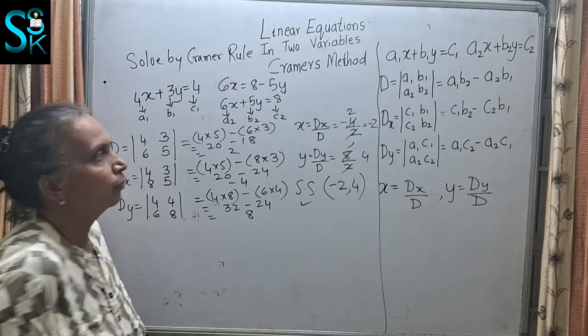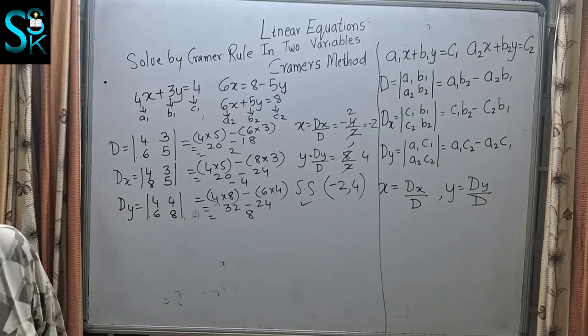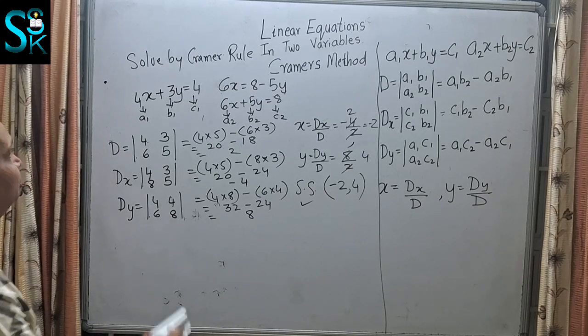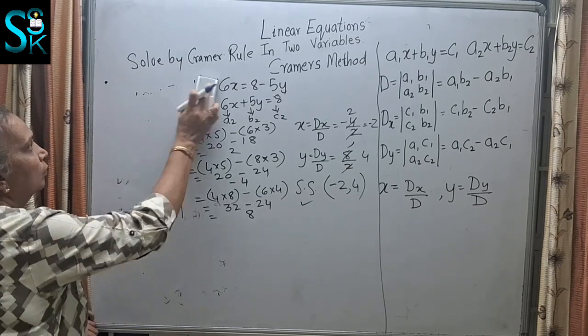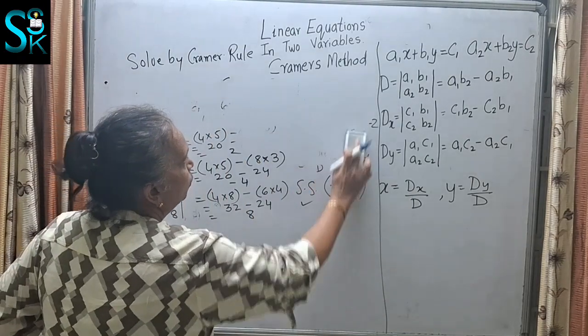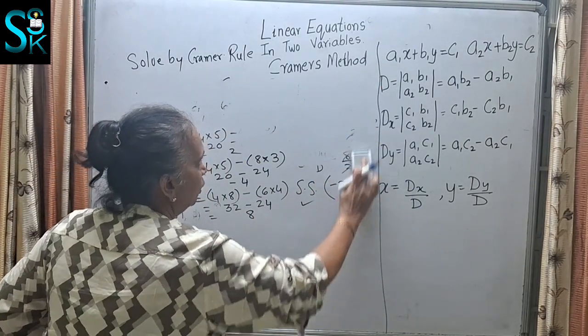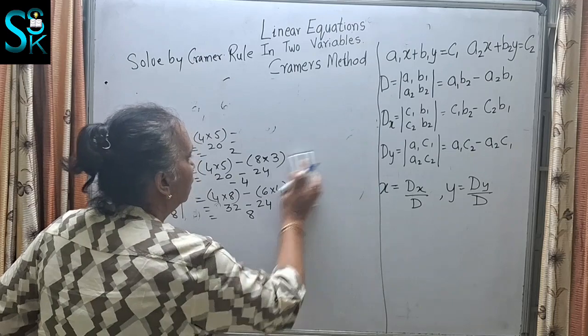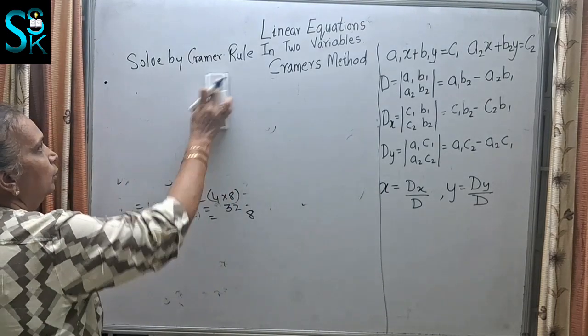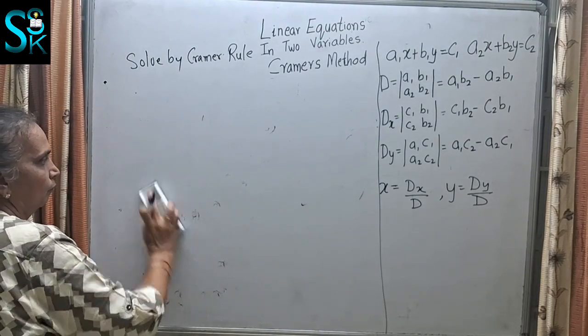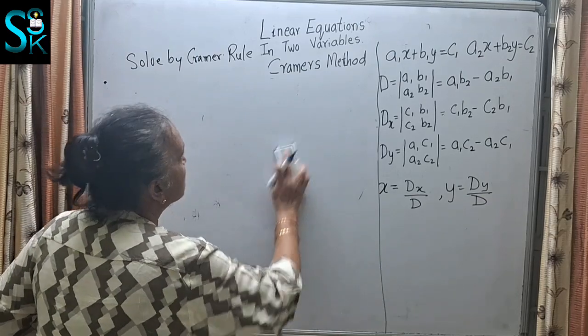Okay. So now we are going to see one more sum. So once you know this, you are able to solve by Cramer's rule. Okay. Now we will take one more sum.